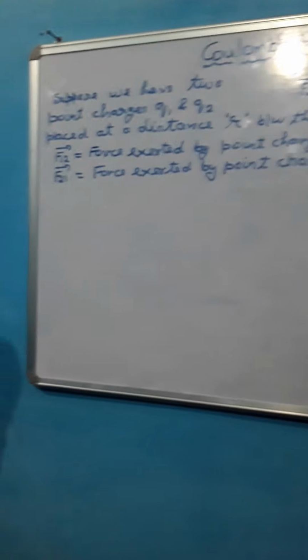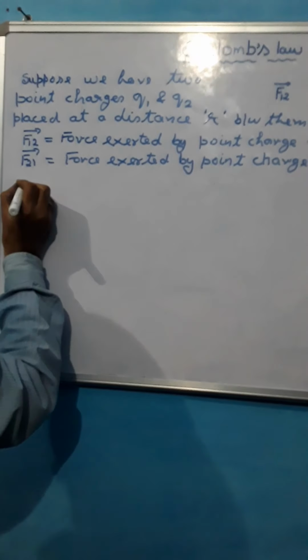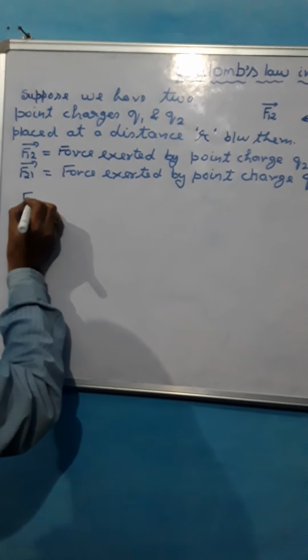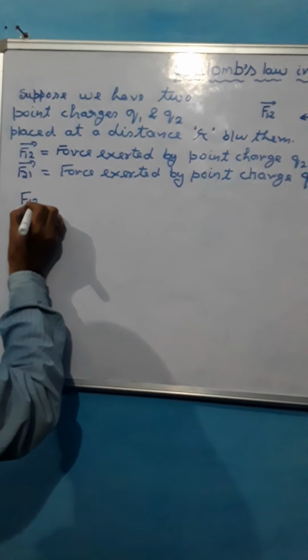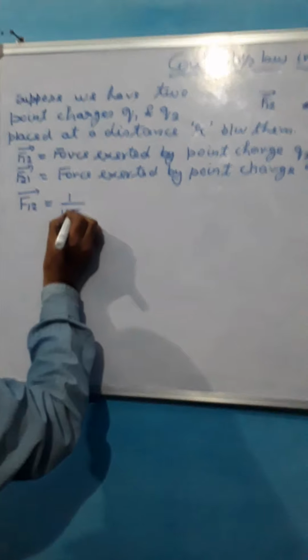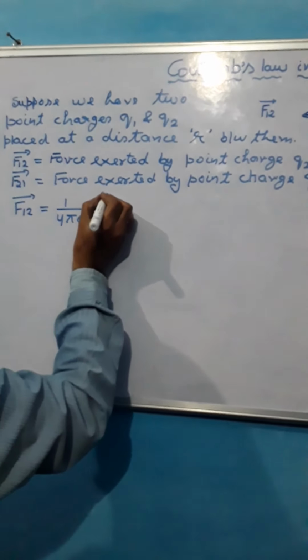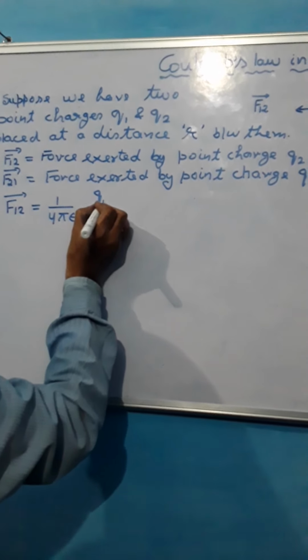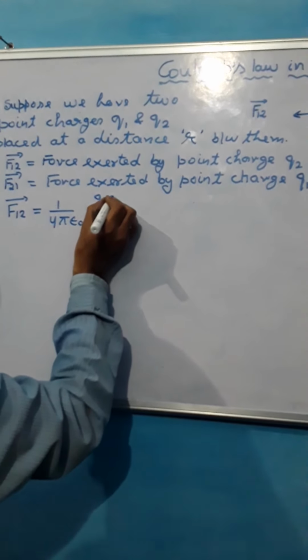Okay, so let's see. I have to write down F12. F12 is equal to 1 upon 4 pi epsilon naught, Q1 Q2 upon R square, and I write down here R21 cap. What is this R21 cap?